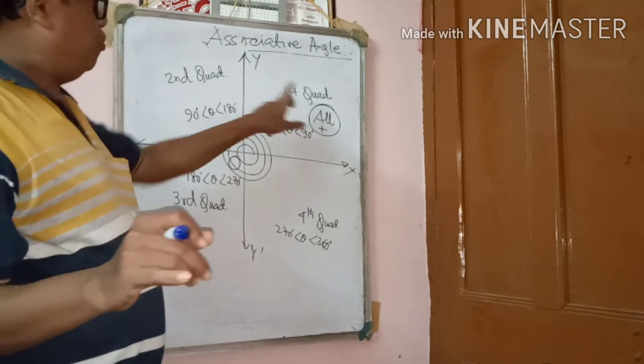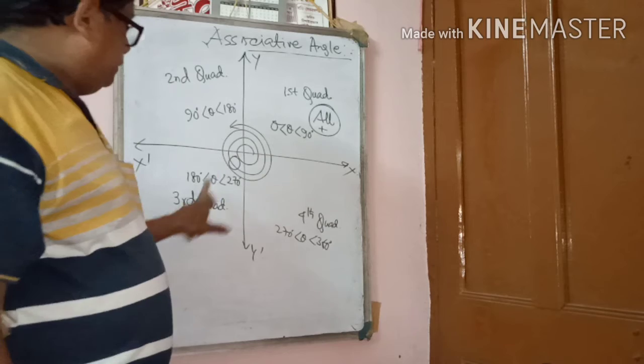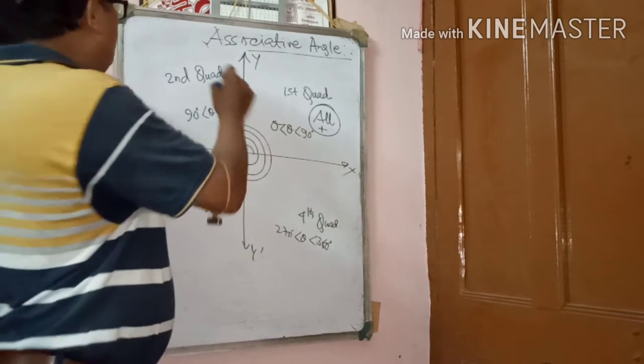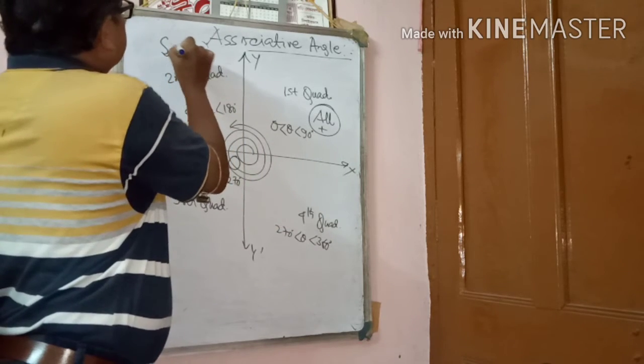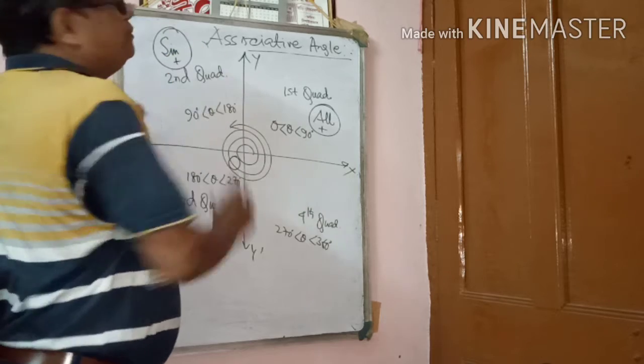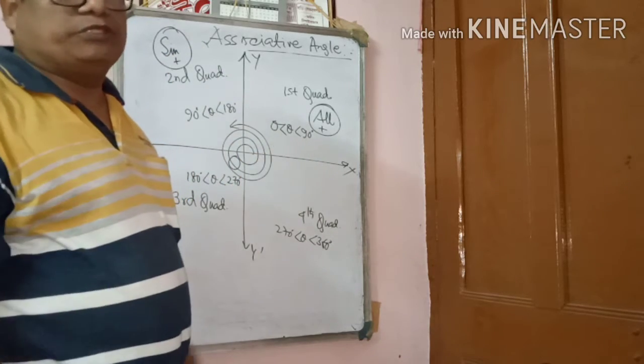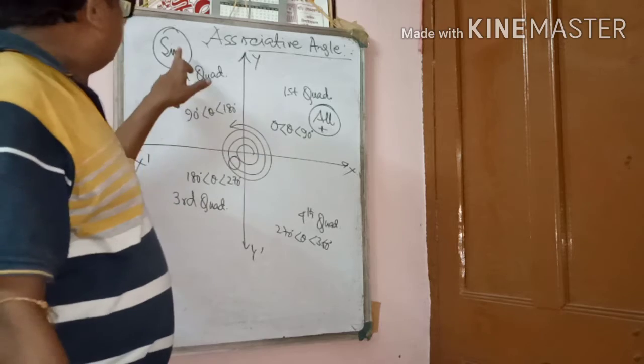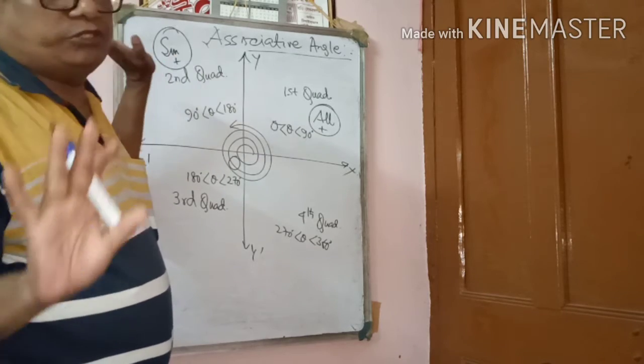Sine means cosec is also positive. Understood? Sine reciprocal is cosec, so it will also be positive.